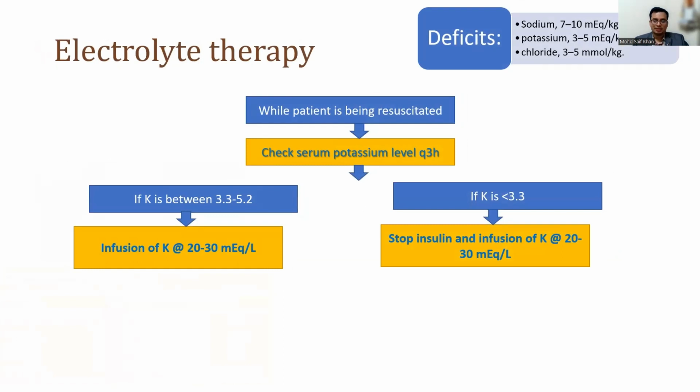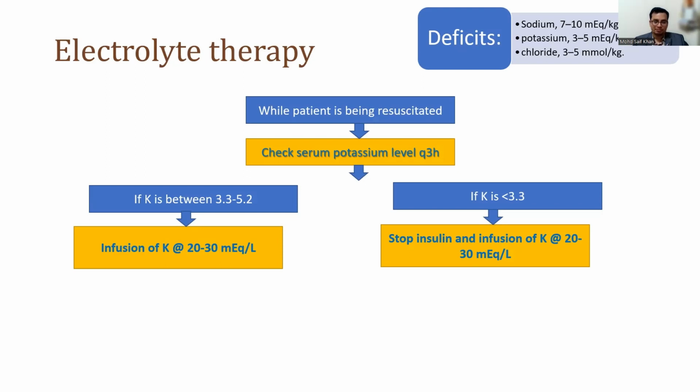So you know that electrolytes are lost in the urine because DKA patients lose a lot of urine. Also, due to insulin, potassium is shifted inside the cells, leading to hypokalemia. Correction of acidosis also leads to hypokalemia. So because of various reasons hypokalemia occurs, and that is the reason you should check the potassium level every 3 hours.